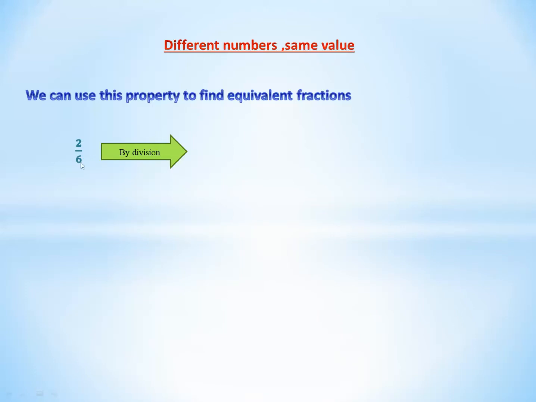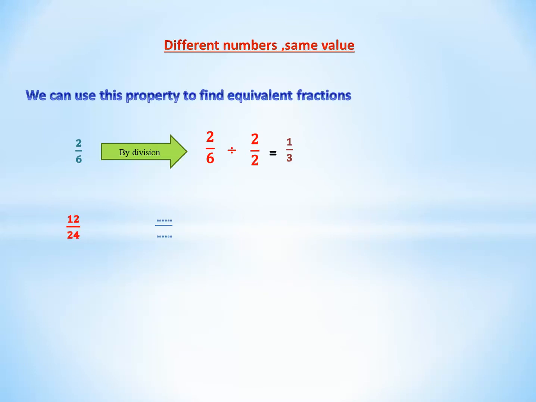If the numerator and denominator are factors of each other, we are going to divide. 2 and 6 are products in table 2. So we divide 2 over 6 by 2 over 2, and it will be 1 over 3.